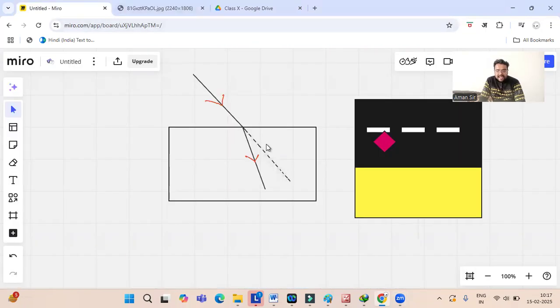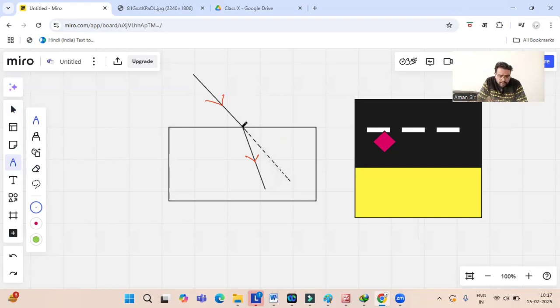So once light enters from the air to the glass slab, it cannot continue to move in the same direction. These dotted lines are showing the direction of the actual path of light.